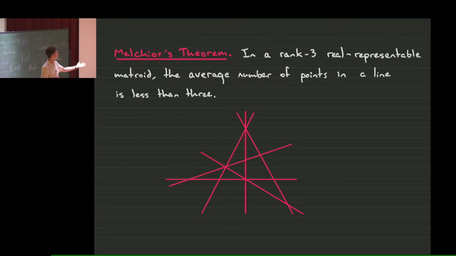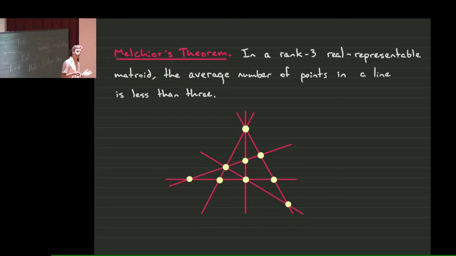Something visually that is like this. You have this arrangement of lines which correspond dually to the points of your represented matroid. And when you look at the intersection points in this line arrangement and view them as vertices, what you see is that you're dealing with a graph embedded in the projective plane.